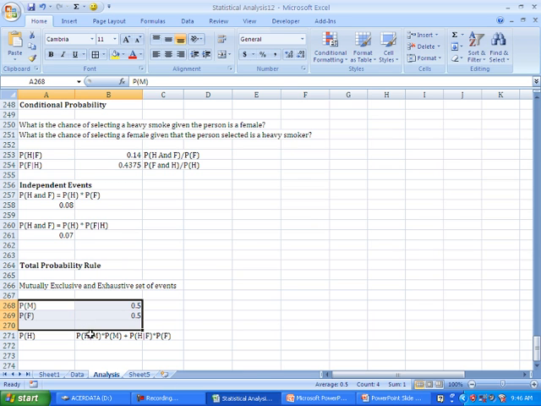Overall you may not know what is the proportion of heavy smokers, but even if you know that some 20% of the males are heavy smokers and 10% of the females are heavy smokers, if that kind of information you have, you can very well find out the proportion of heavy smokers overall, provided you know the unconditional probabilities of male and female. That is what the total probability rule is talking of.